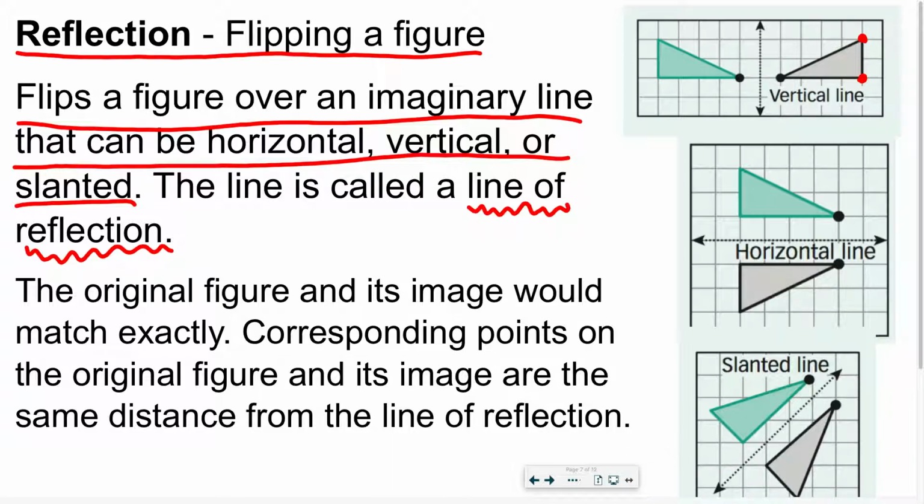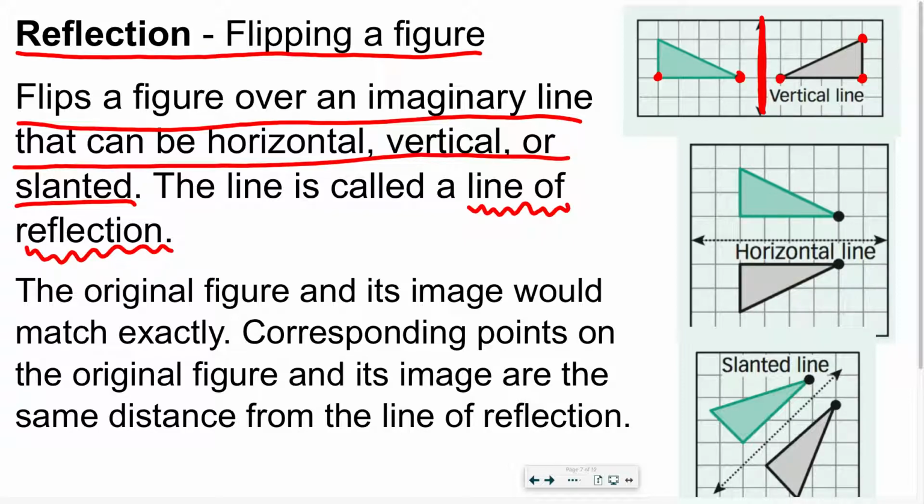Now this is a really great term to draw an example for. Things to notice in the image. The original figure and its new image after we transform it, they are the same shape and the same size. We have not yet changed the size of the figure. And they're also the exact same distance from the line of reflection. What that means here for this vertical reflection: if this is the line of reflection, these two little points of the triangle are both 1 unit away.